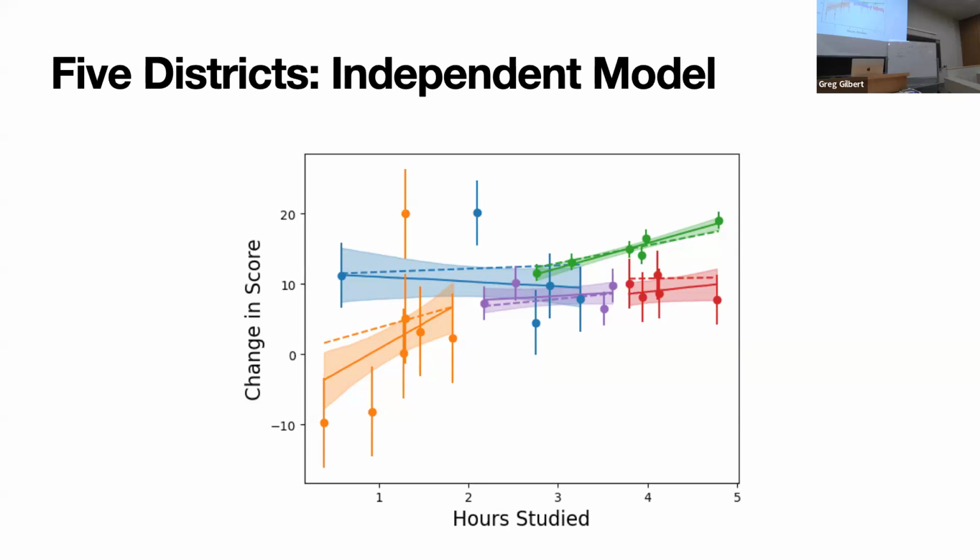Not necessarily wrong, but taking a step back from all the technical machinery of building the model, you want to always keep your eye on the ball for what's the simple thing you're trying to do in terms of the real world, right? As you study more, you expect your score to go up.